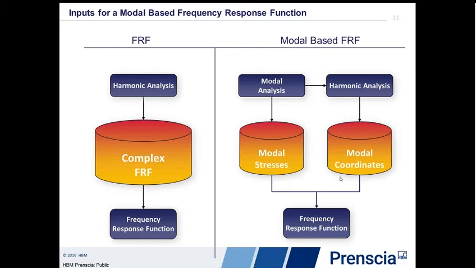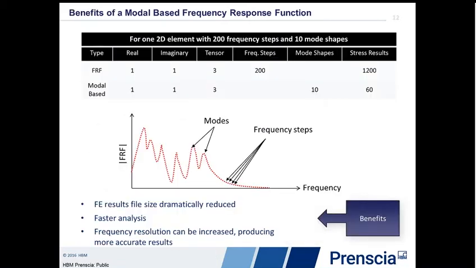The reason we look at this, even though it seems very complex in terms of what I have to do, is that it has the ability to create far smaller files. Consider a fictitious analysis where I run through a frequency range with a frequency increment such that I have 200 steps. Basically, I'm going to have 200 frequencies I'm saving results at.